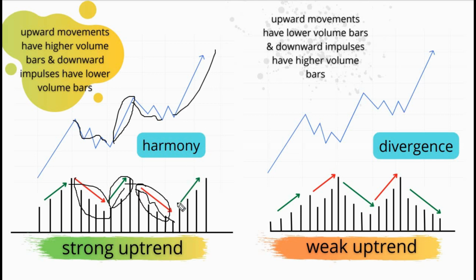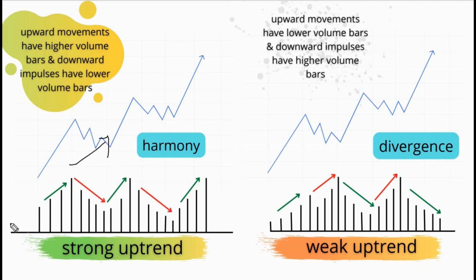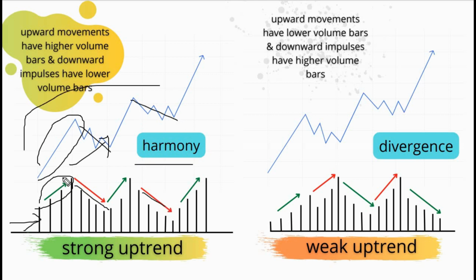The buying leg is of higher volume. So in this uptrend we could say that this is a very, very strong uptrend. Why? Because the buying pressure is very, very strong and the selling pressure is very, very weak. So this is in harmony with the price movement.